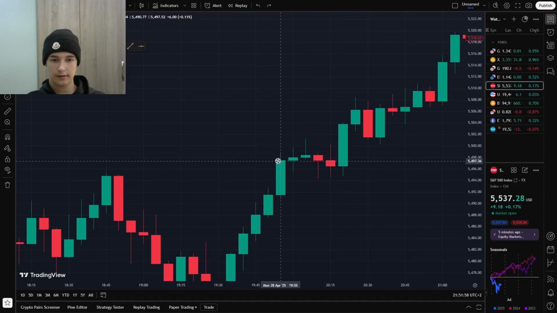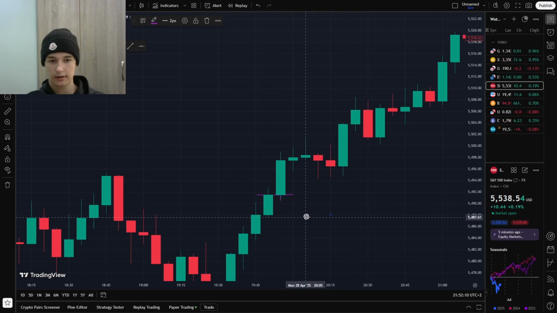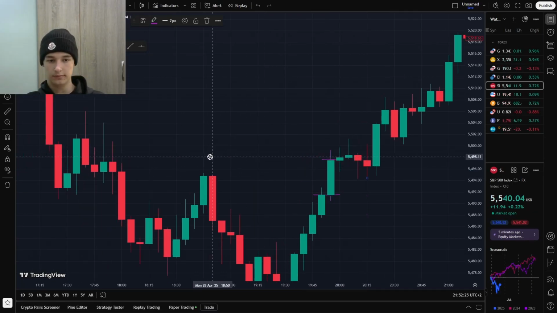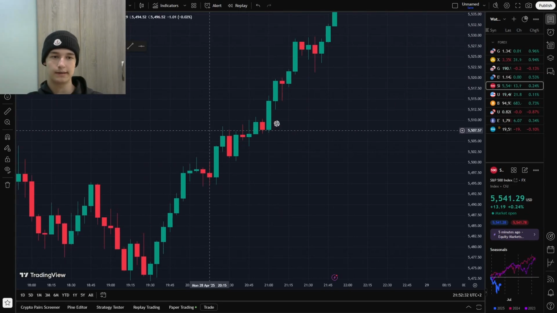Price started from the bottom of this candle, then went down a bit, which is what the wick indicates, and then moved up a bit. This candle closed right where the top of the body is, and then candles continue like this forever and ever, until the market is closed.